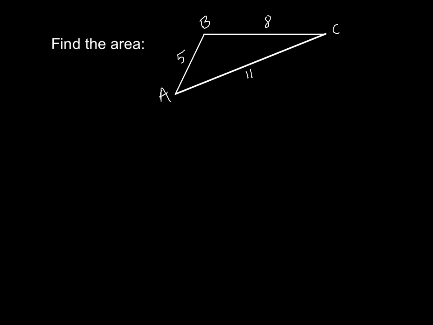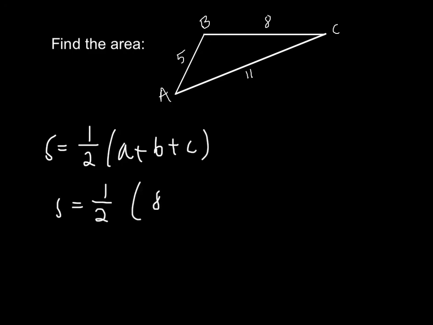So let's find the area of this triangle. First, we need to find S, which is 1/2 times A plus B plus C. So we have 1/2 times 8 plus 11 plus 5, so S equals 12.